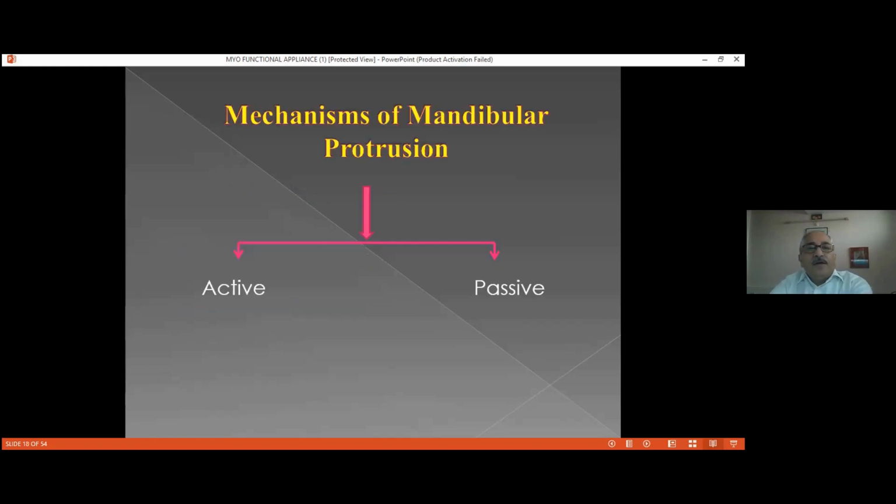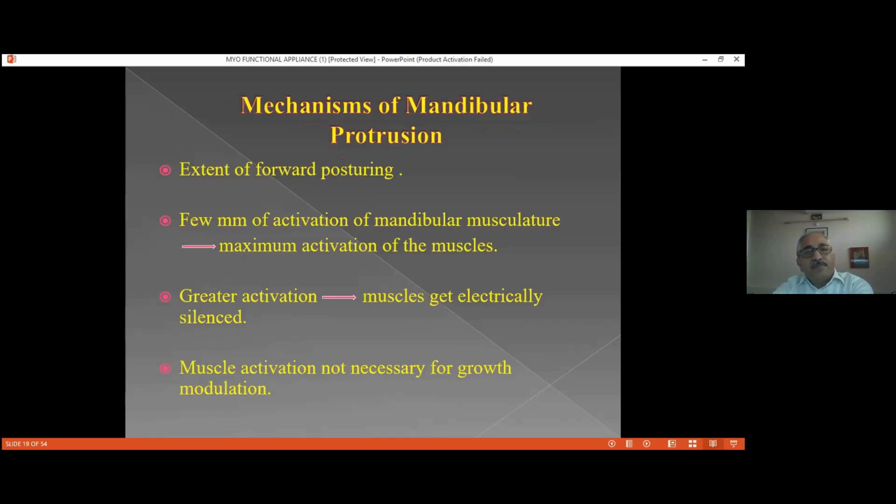Now, the mechanism of mandibular protrusion is active and passive. It depends on the extent of the mandibular forward posturing, that is, how much forward posturing you are doing. A few millimeters of activation of the mandibular musculature leads to the maximum activation of the muscle. Now, this is something very important. We should bear in mind that the activity of the muscle is maximum when it is not stressed to the full extent.